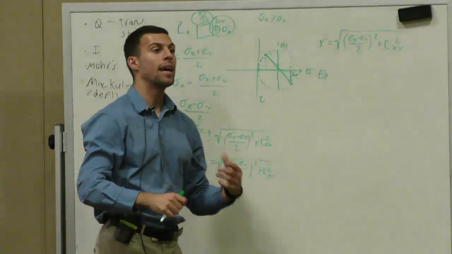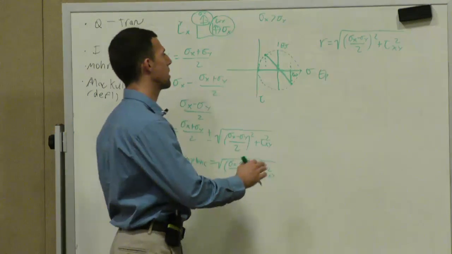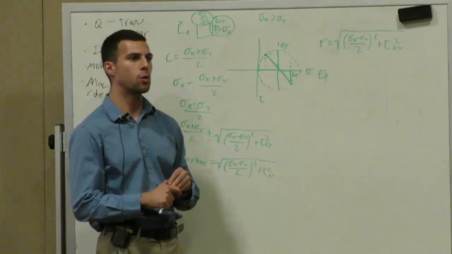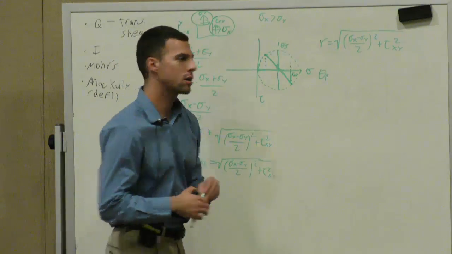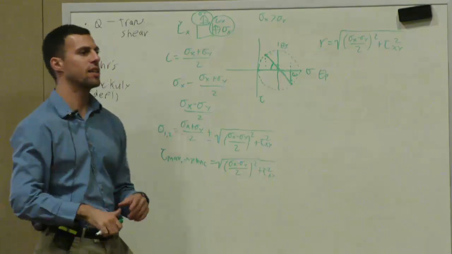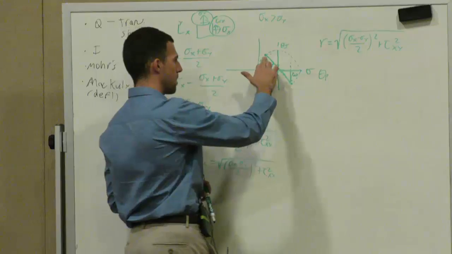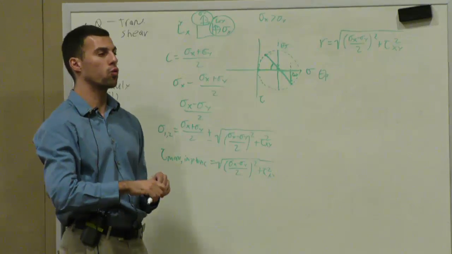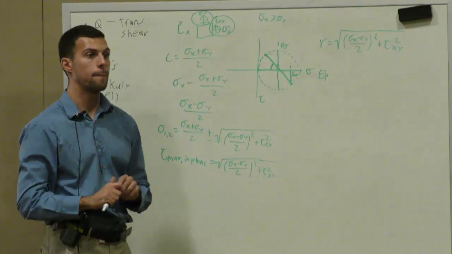Now, here's the trick. The thetas in between them on Mohr's circle, does anybody know what they're equal to? In other words, the angles between different planes, are they equal directly to theta?